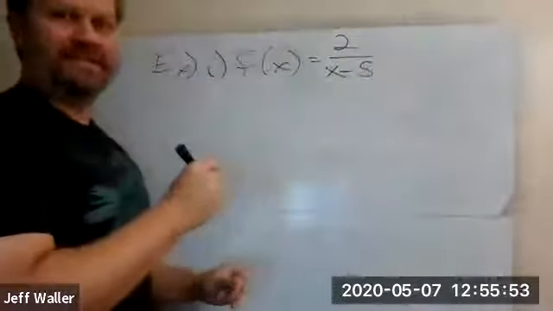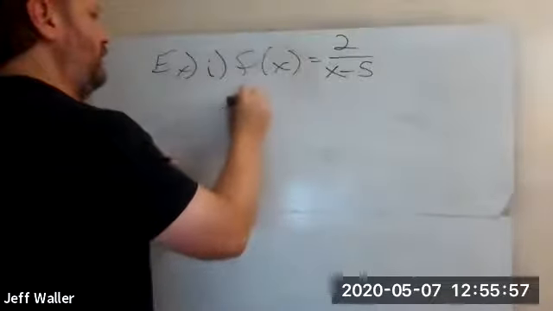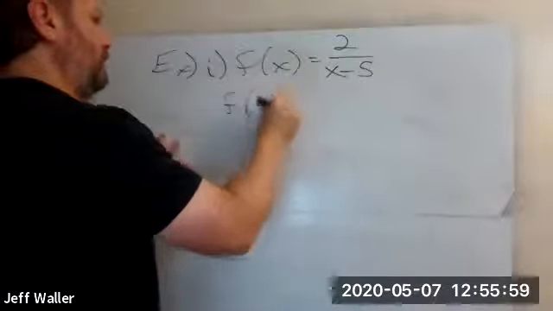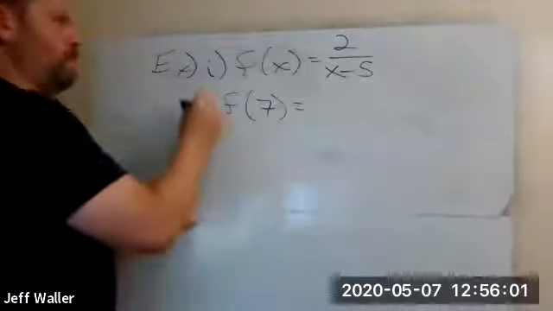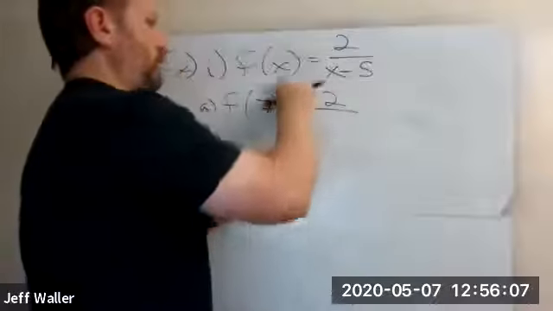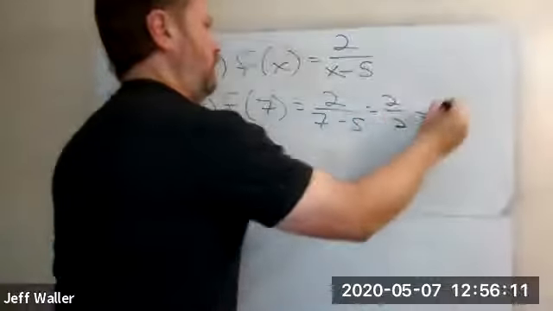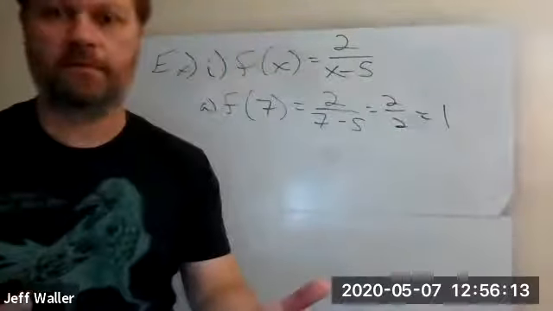Remember this? All right, maybe not. What is f of 7? 1. Yeah, because you get 2 over 7 minus 5, 2 over 2. That is 1. Is everybody with me?